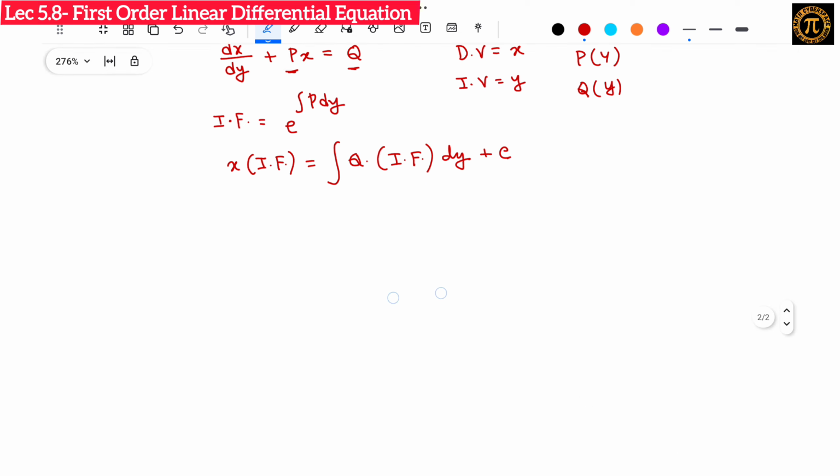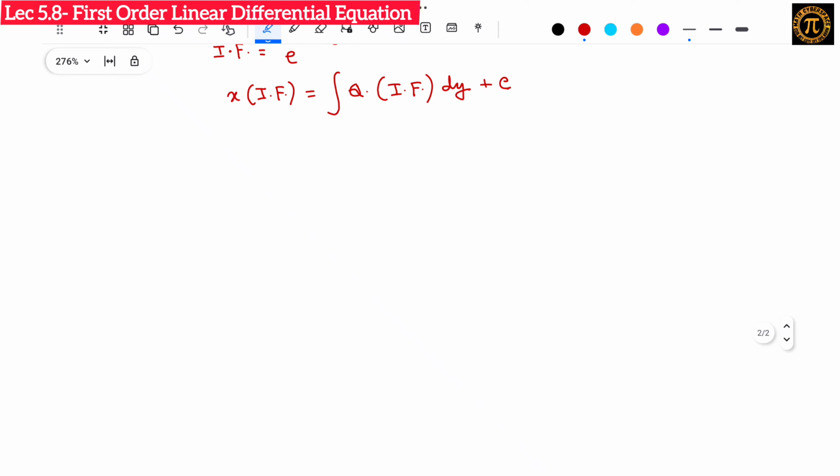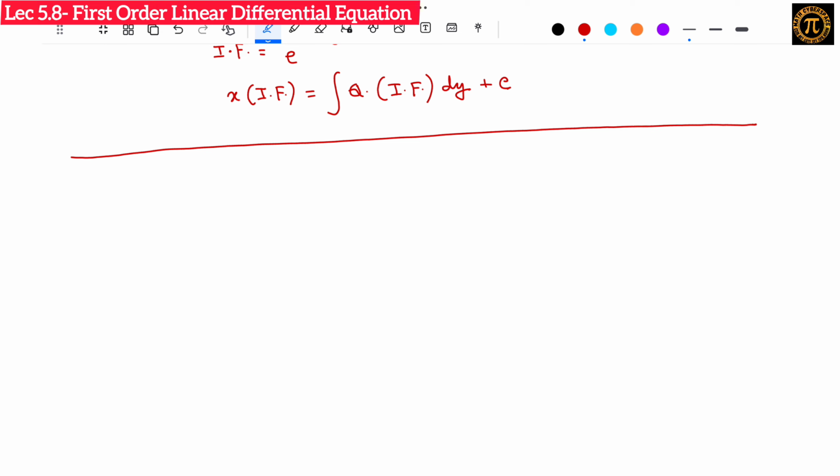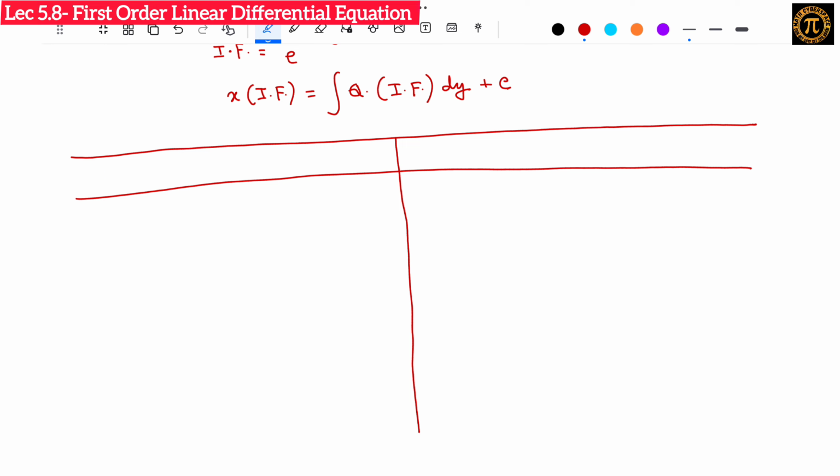Okay, so let's make two columns. First: first order linear differential equation in y, that means in this case the dependent variable is y.